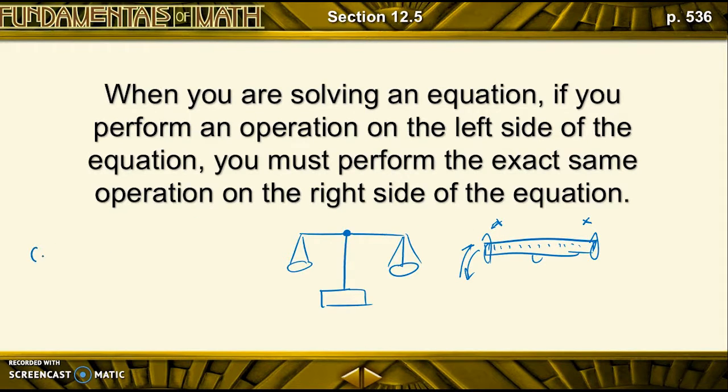We can call it the golden rule of equations. You've probably heard of do unto others as you would have them do unto you. Well, this is do unto one side of your equation as you do to the other.